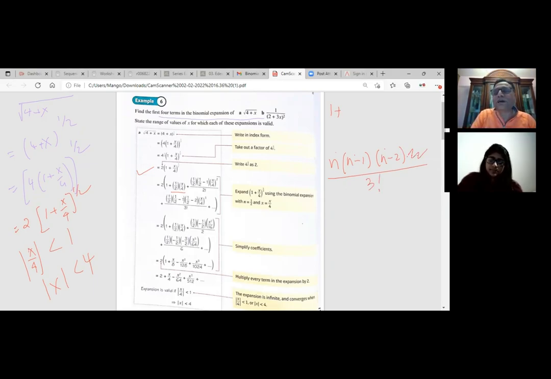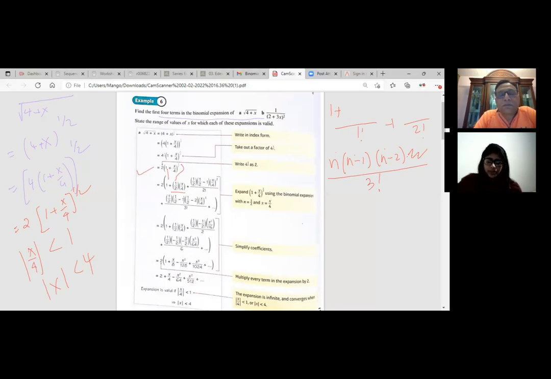The sequence is divide by 1 factorial, plus divide by 2 factorial. So if you keep these things in mind, solving binomial theorem questions becomes very simple. Let's go through this once again. We have 2 as a common factor, and inside, 1, then the exponent half times the next term, which is x by 4.